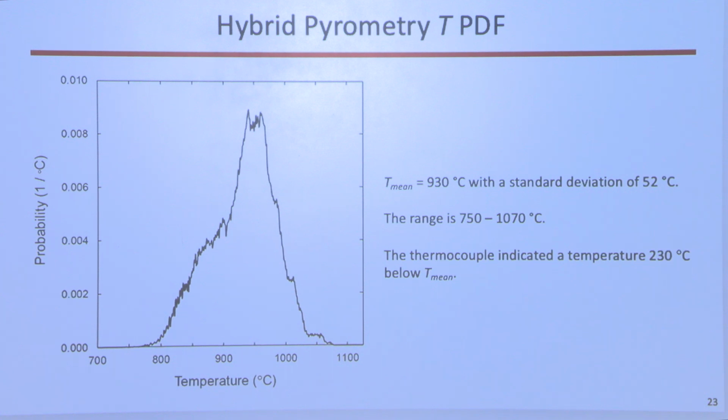The lowest and highest temperatures are about 750 to 1070 degrees C. As I mentioned, fortuitously, that's the same temperatures as our black body furnace. And the thermocouple indicated a temperature 230 degrees below this temperature. So anybody in the past who's used thermocouples to measure ember temperatures probably ought to add about 200 degrees to whatever is measured.